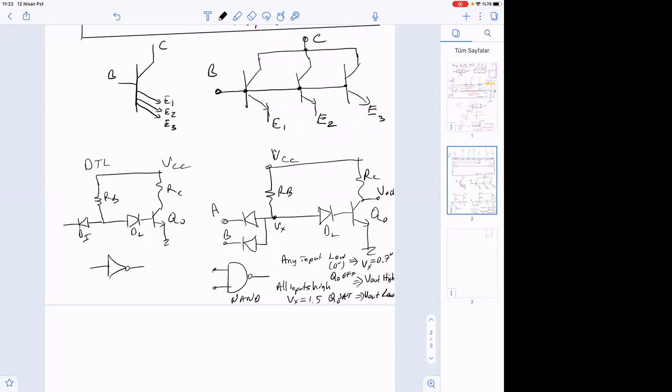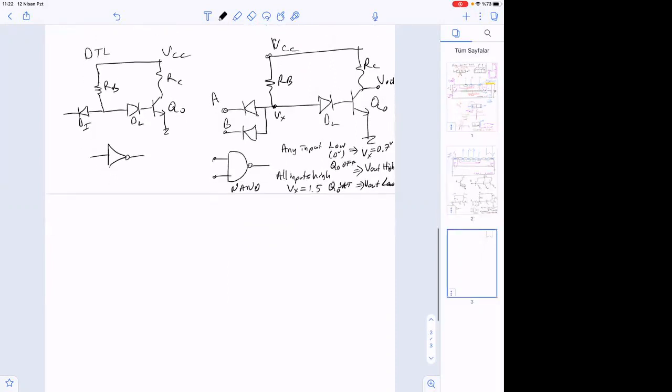Okay, so that's an AND gate. So we can obtain a NAND gate also in this device.